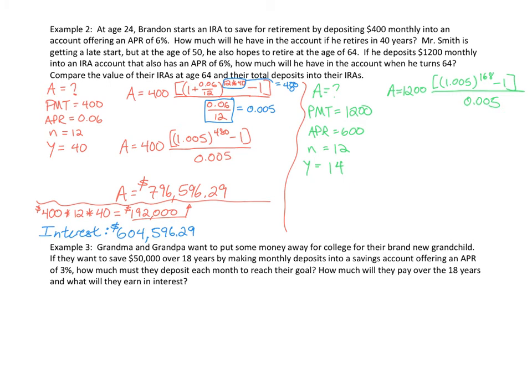So if we raise 1.005 to the 168 power, subtract 1, then divide by this decimal and multiply by 1,200, the total amount Mr. Smith ends up with is, I think it's $314,765.72. There we go.